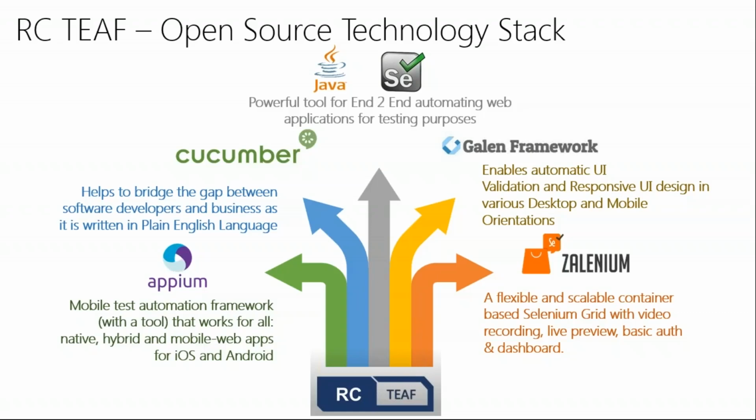Getting into the slide, we talk about the different open source technologies that we use as part of TIF. To start with, the solution is built on Java, and we are using Selenium WebDriver as a core driver to be able to automate web applications. RC TIF is not limited to just web applications.